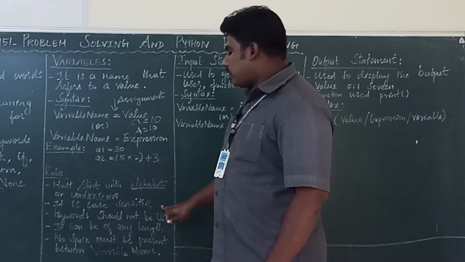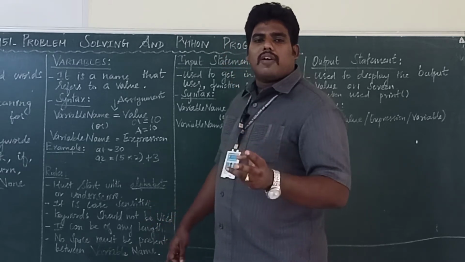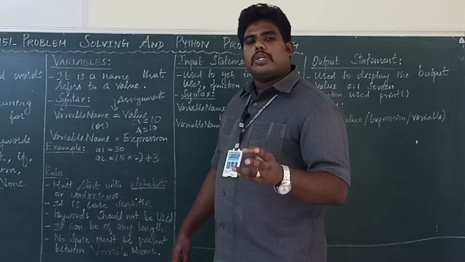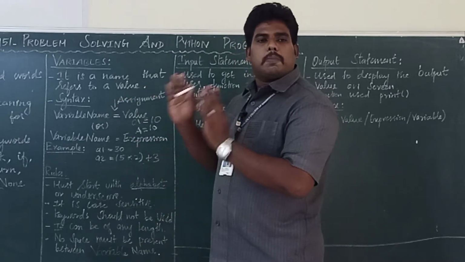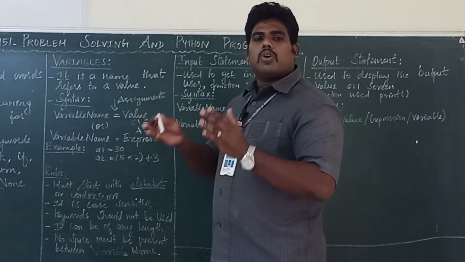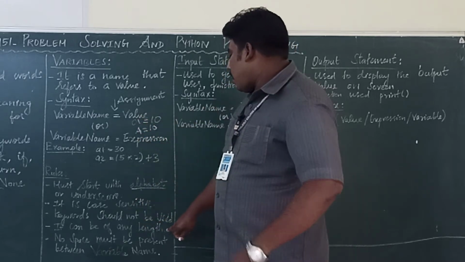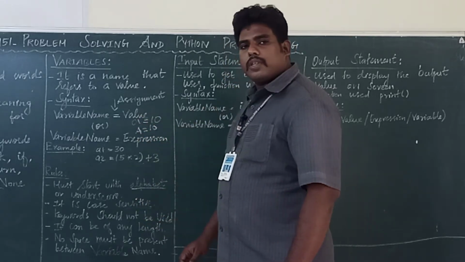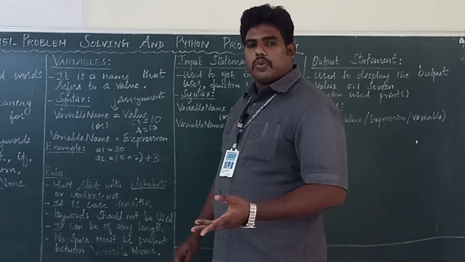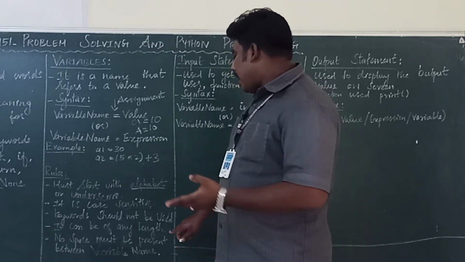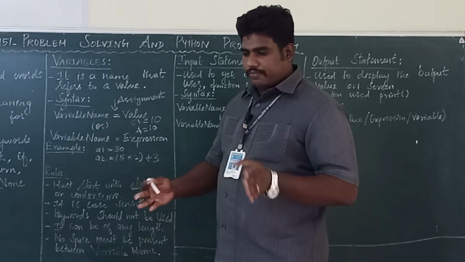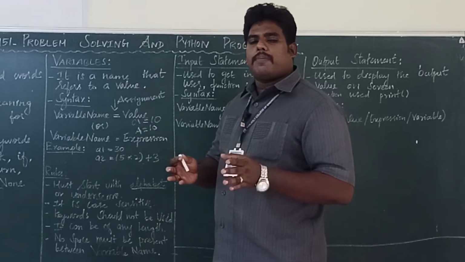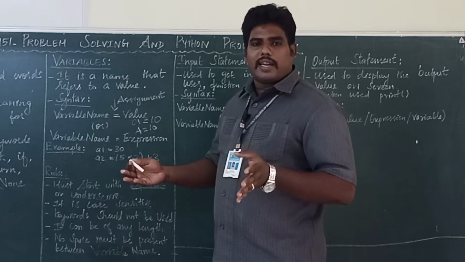It is case sensitive. The third rule of the variable is that you should not use any keyword as a variable name. Keywords have a special purpose, special meaning, so we should not use them as variable names. The fourth rule is it can be of any length. For standard purposes, we use up to 8 characters.